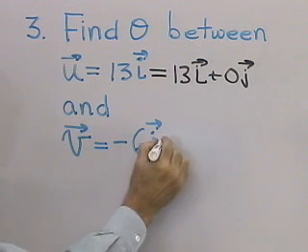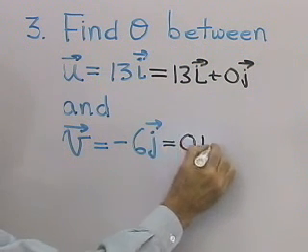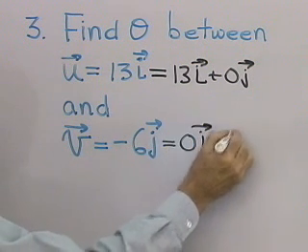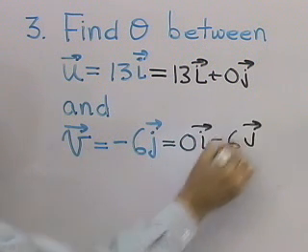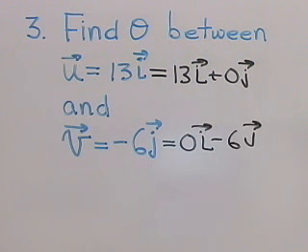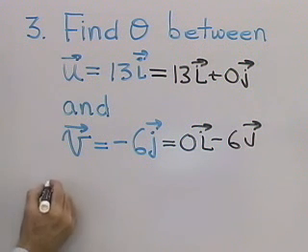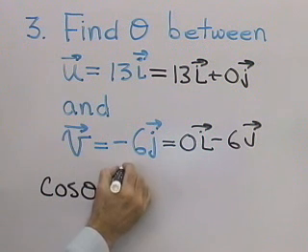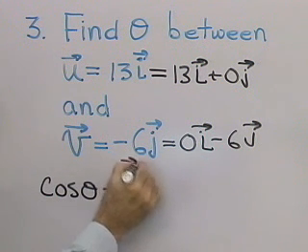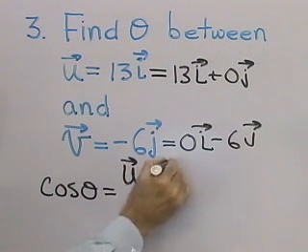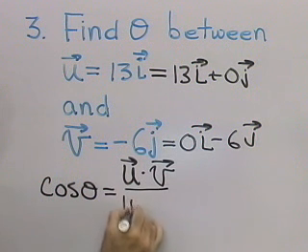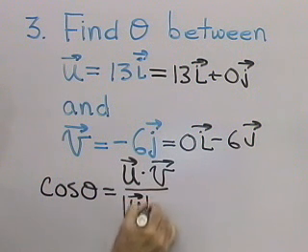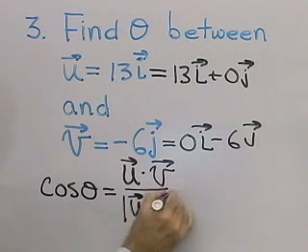And then this vector I'll write as 0i minus 6j. Now I know from reading the book that the angle between these two vectors is given this way. Cosine theta will be the dot product of u and v divided by the magnitude of u times the magnitude of v.